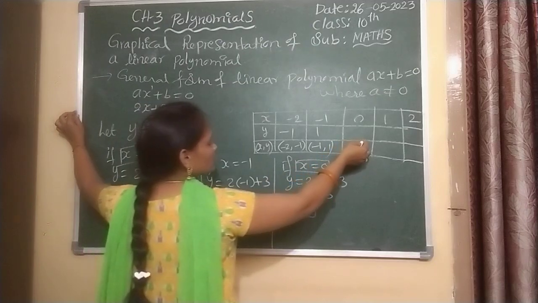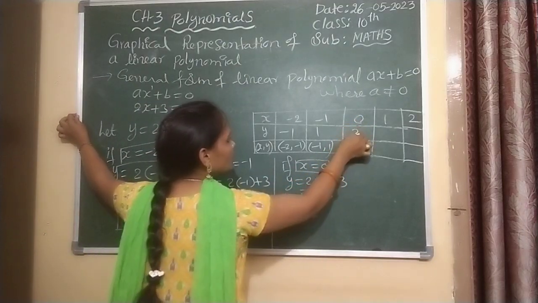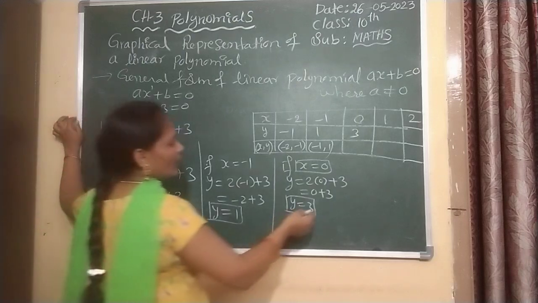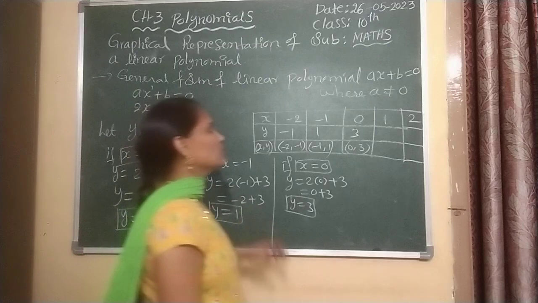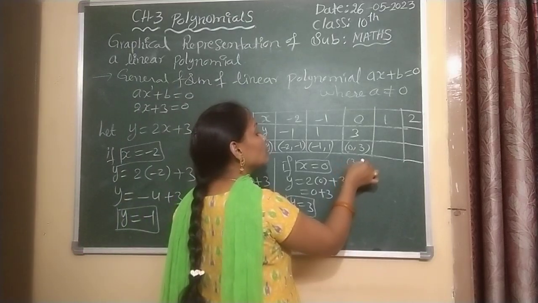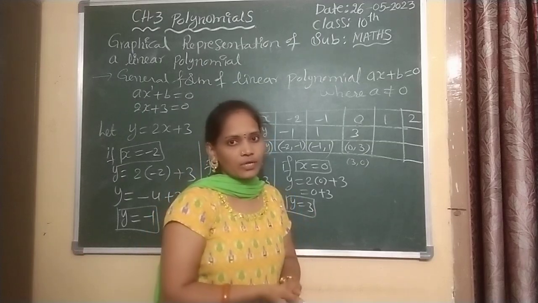Now here the point is (0, 3). Why should we take (0, 3) only, why should we not take (3, 0)? Sometimes students will get this doubt, yes or no?